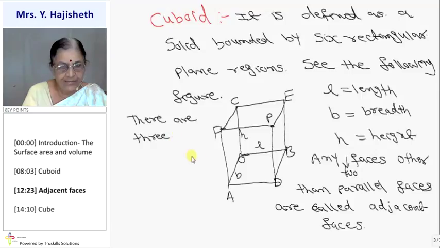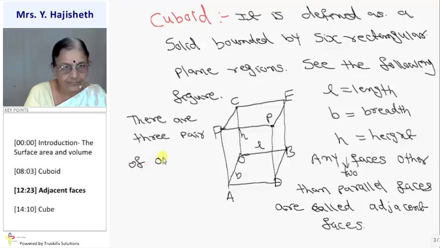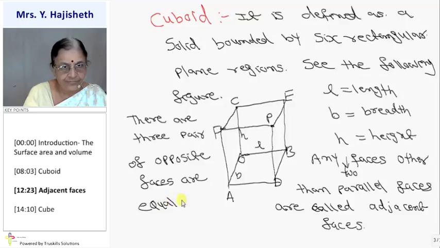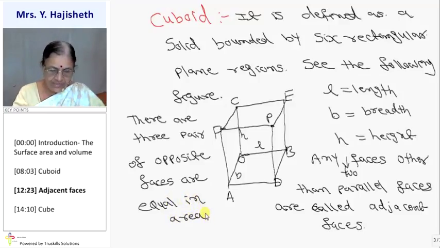There are 3 pairs of opposite faces, and each pair of opposite faces are equal in area. दो का एरिया इक्वल है. ओके. 2 का L इंटू B है, 2 का L इंटू H है, 2 का B इंटू H है. क्लियर?